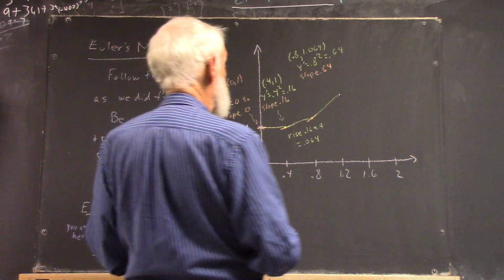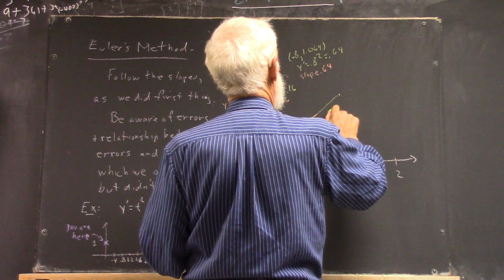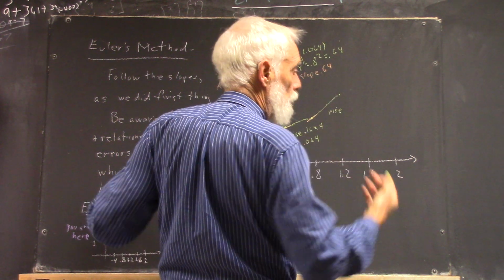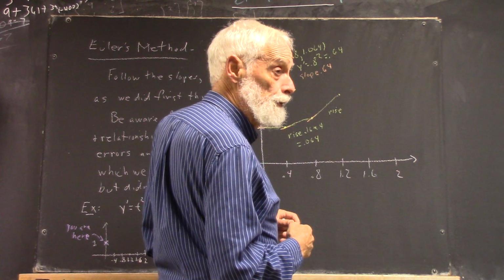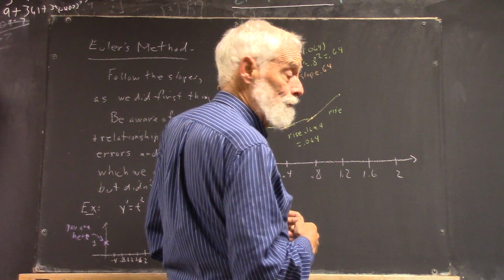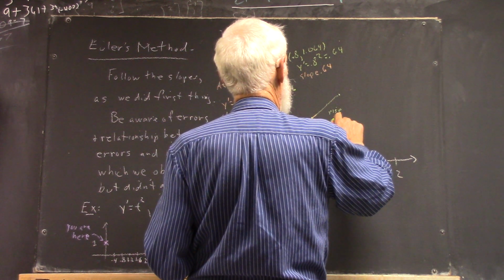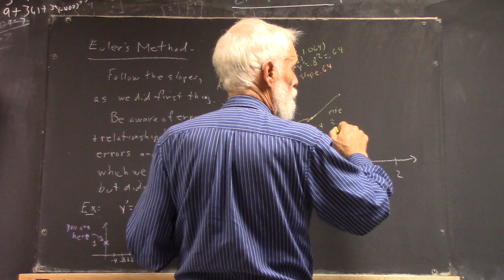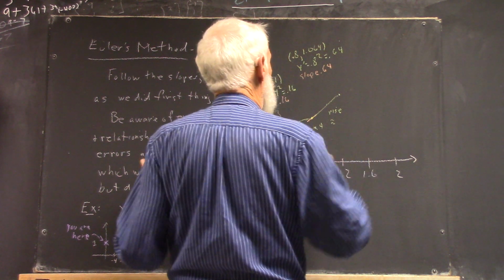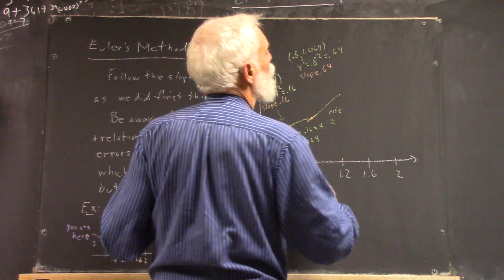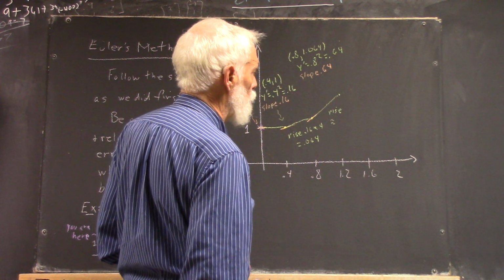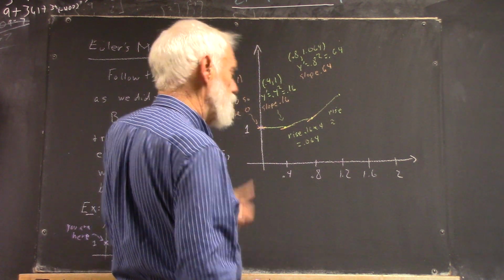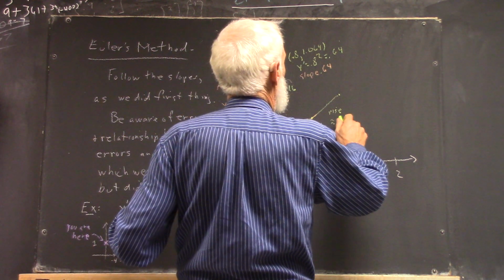Then we get a rise of 0.64 times 0.4, which is, sorry, 0.4 times 0.64 is 0.256. 256, yeah, okay.